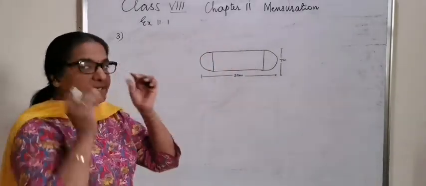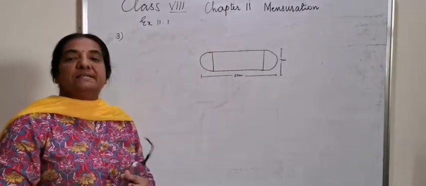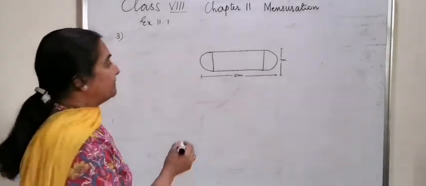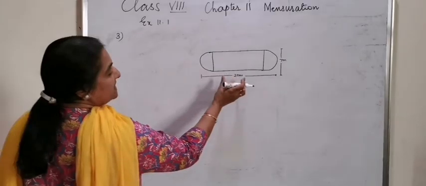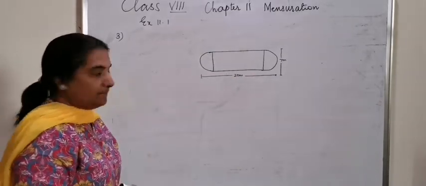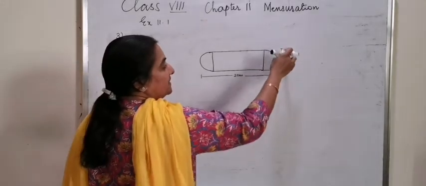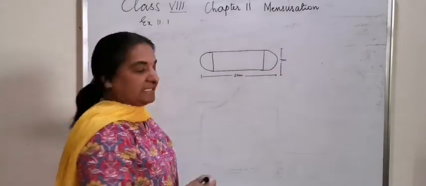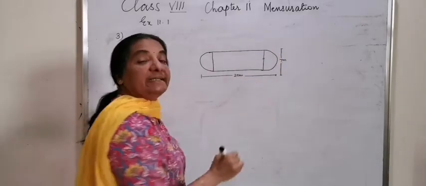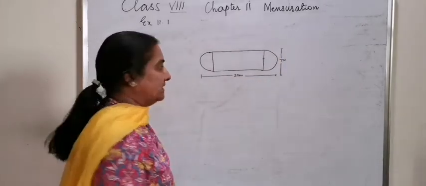One is a rectangle and two semicircles can be combined as one circle. And now if you can see, the total length of the garden is 20 and the width here is given as 7 meter. The breadth of the garden will take the diameter of the circle.